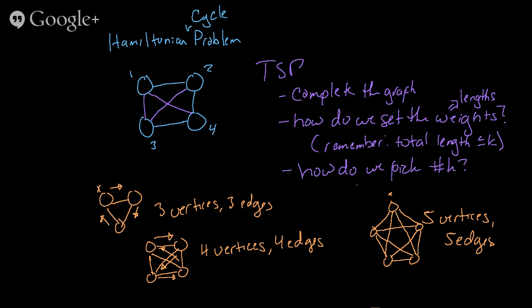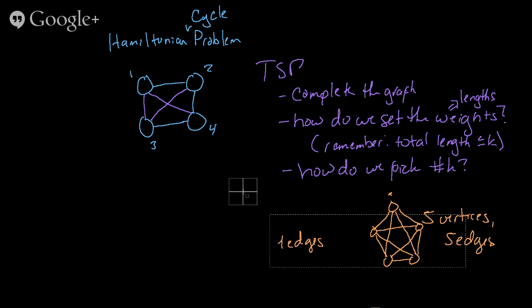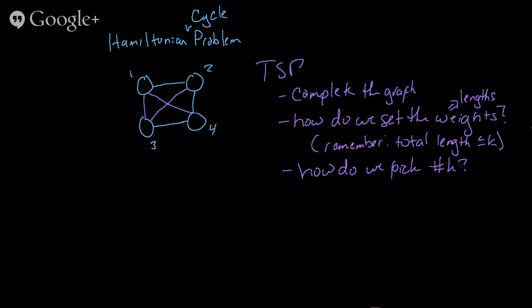Well, since we get to pick k, that helps us quite a bit, actually. So consider this. We know that this doesn't have a Hamiltonian cycle because there are only 3 vertices here that form a path from 1, 2 to 4 to 3.